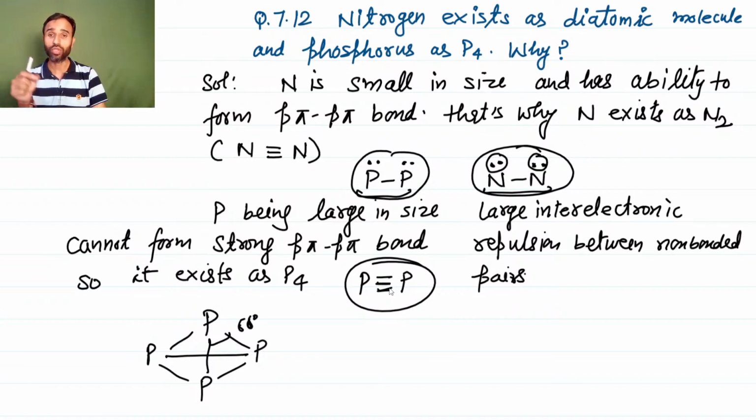So because of strong pp single bond and very less ability to form pi bond, that's why phosphorus form P4 structure. Phosphorus is in the form of P4 molecules, right?